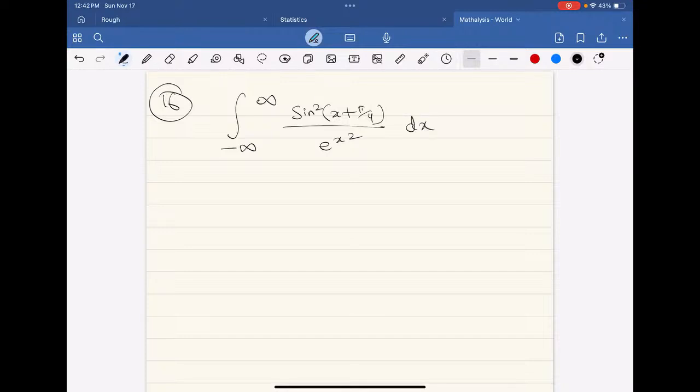How do we approach this problem, guys? Let me give you ideas. I don't really know how to approach this one. There's sine square as well as e to the power x square.